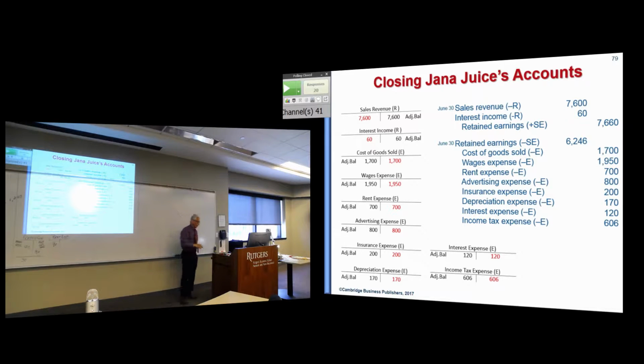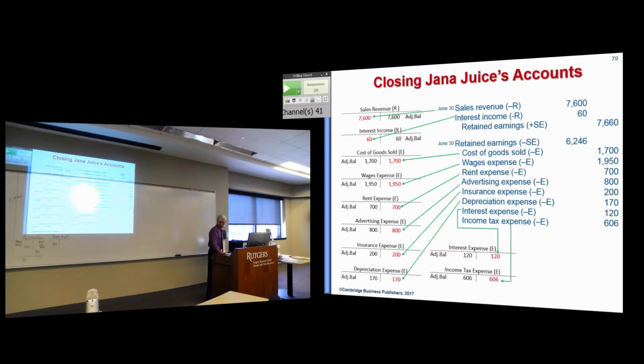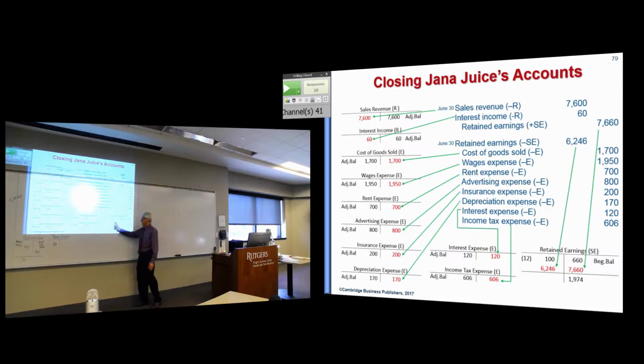The difference is the net income that gets closed to retained earnings. And if you remember, the net income for the period is the difference between the revenues and the expenses. So it was $14.40, I believe, or $14.44, whatever the revenue was. $14.14 was the revenue. So this is the net income right here.